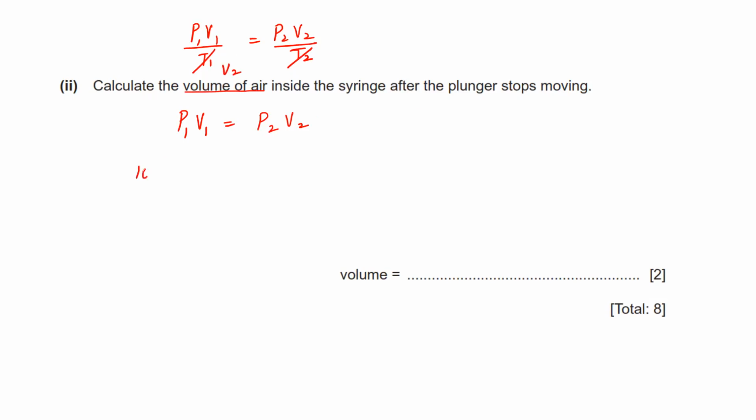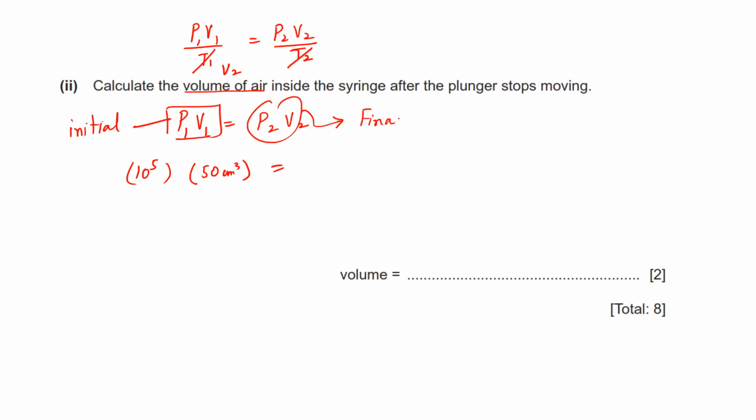We are given the initial pressure of 10 to the power 5 pascals and the initial volume of 50 centimeter cube. These are our initial values, and these are our final values. The final pressure was 1.833 into 10 to the power 5, and my final volume is V2.